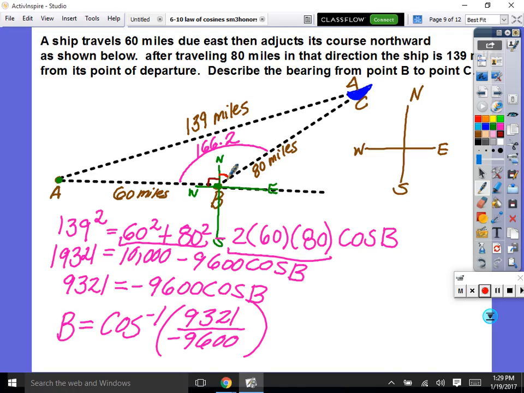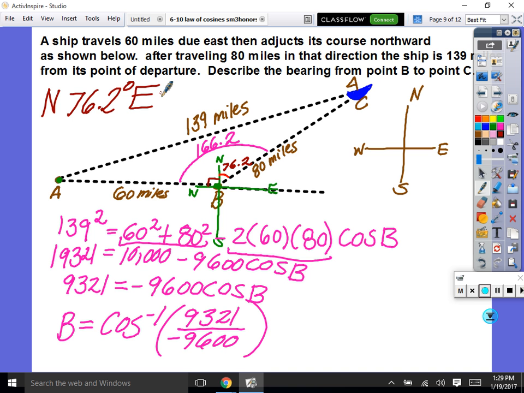So that is 76.2. So this little angle is 76.2. Does everybody see why that would work? Okay, so we would say 76.2 degrees. Now it starts north. You always say north, and that's in the eastward direction. So that would be our final answer. Okay? Okay.